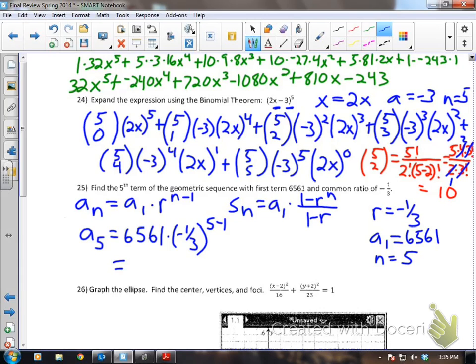Okay, so let's just work that out and see what we get. So let me do that on the calculator here. 6561 times parenthesis negative 1/3 parenthesis taken to the 4th power. And that gives us 81.